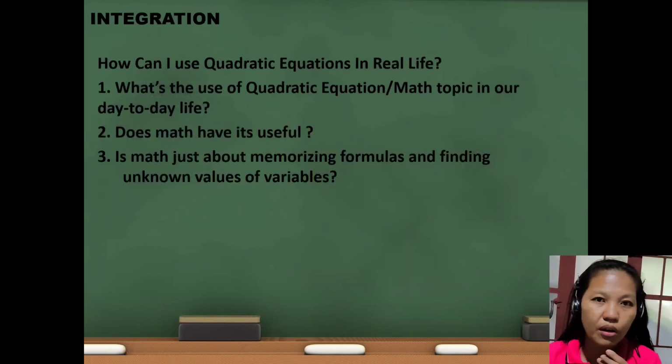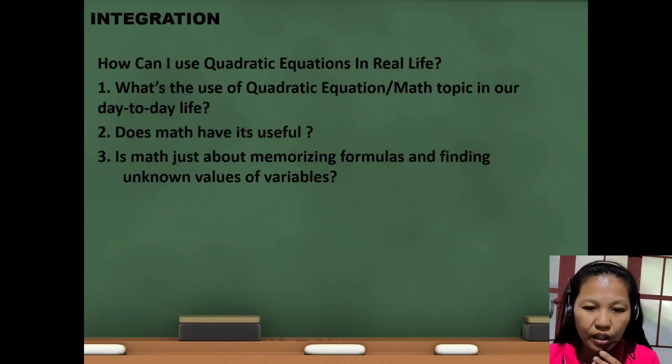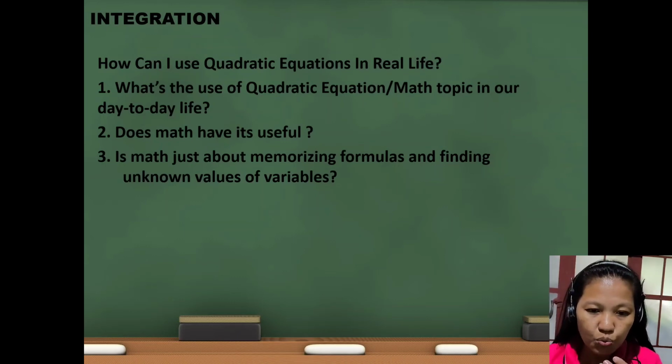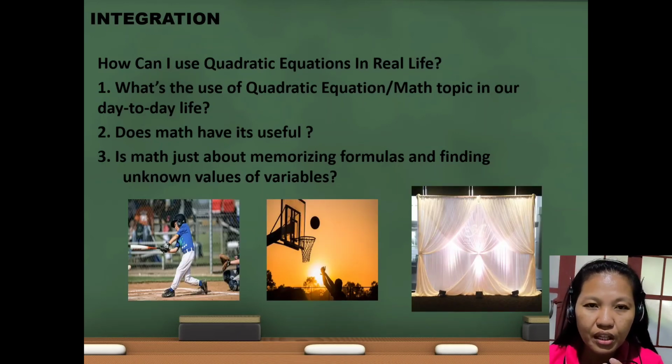Let's integrate to other subject areas. How can we use quadratic equations in your life? Let's answer 3 questions. First, what's the use of this topic in our day-to-day life? Second, does math have its use? Third, is math just about memorizing formulas and finding unknown values of variables? Let's connect this topic to physical education and TLE.